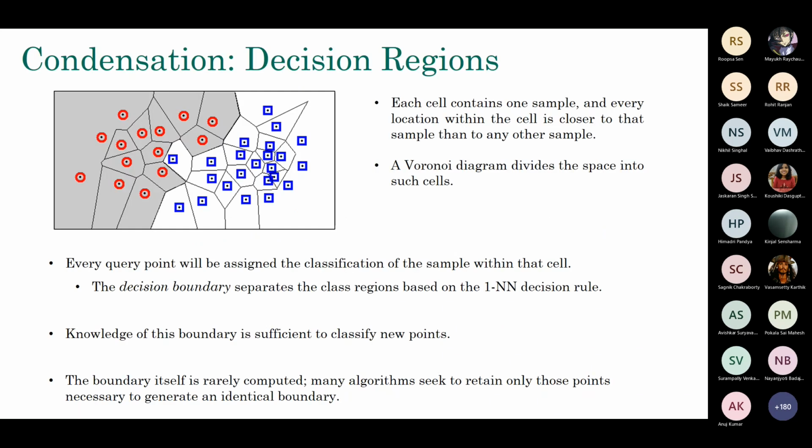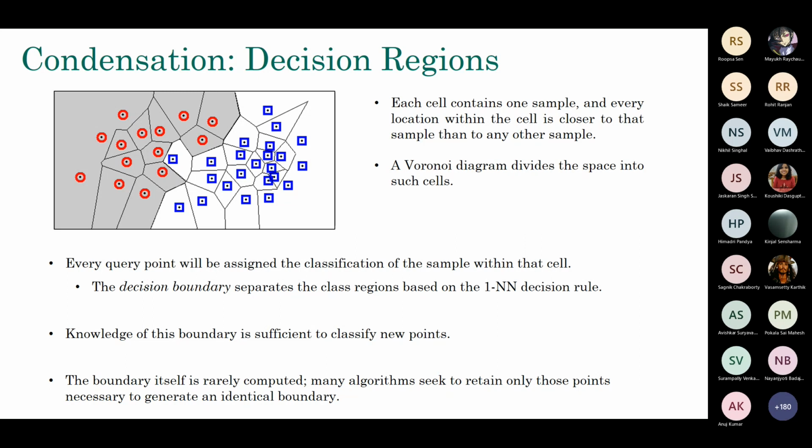If you look at the kind of things that you have been doing, you can think about the points being in some n-dimensional space. So there are n-dimensional feature vectors, and the entire space can be divided into several small regions. Here you can think about a single region.